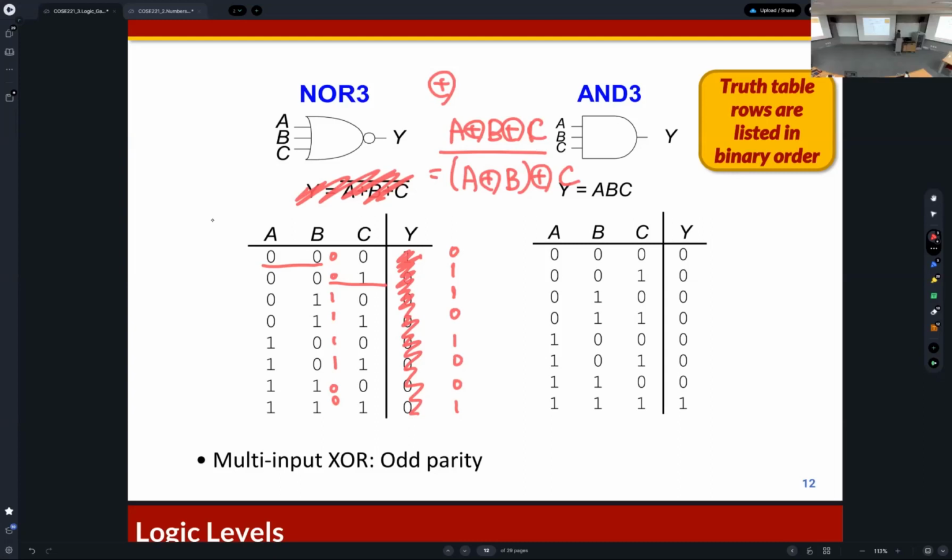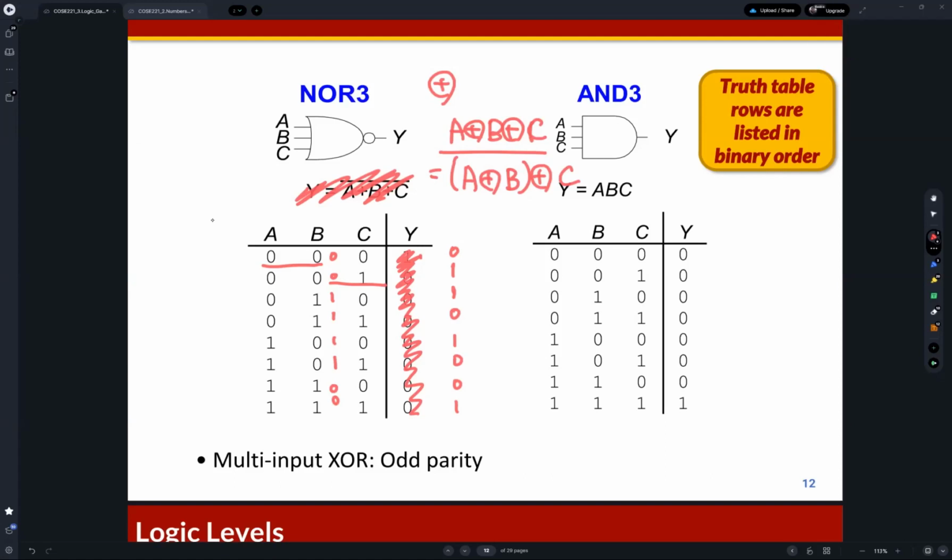Okay. And as I mentioned, we can perform multi-input exclusive OR like this. By definition, we perform the two-input exclusive OR on the first two input signals, and then perform the exclusive OR with the result and the next input, and that's it.